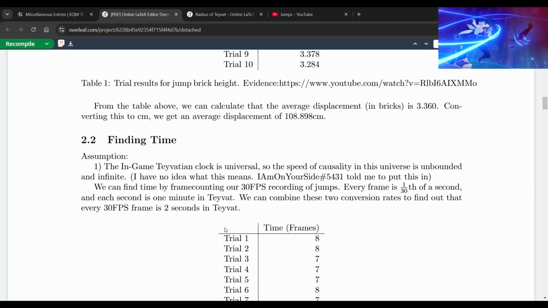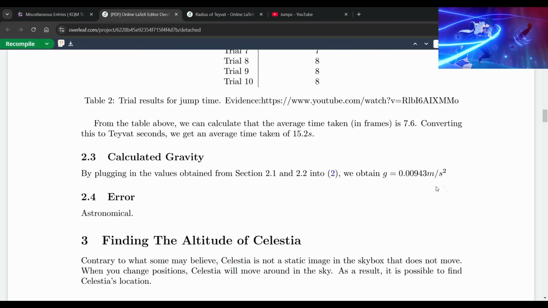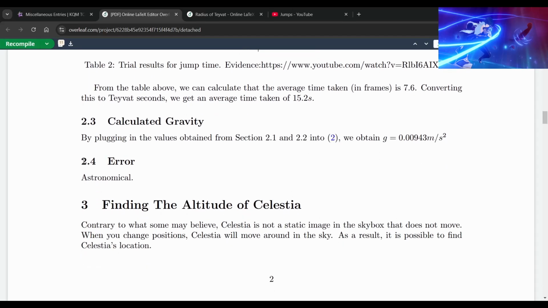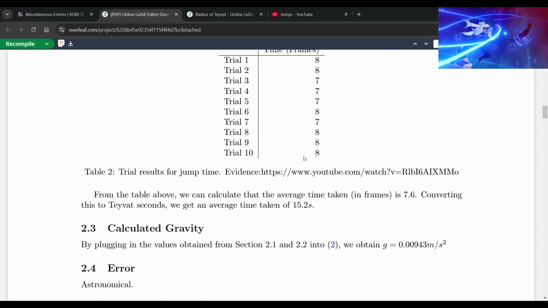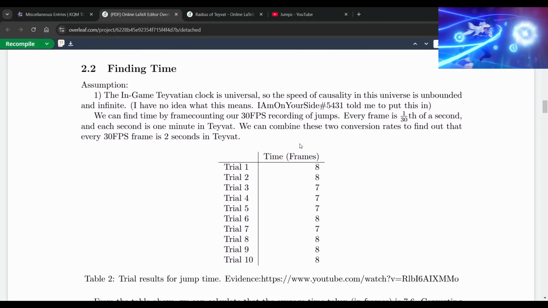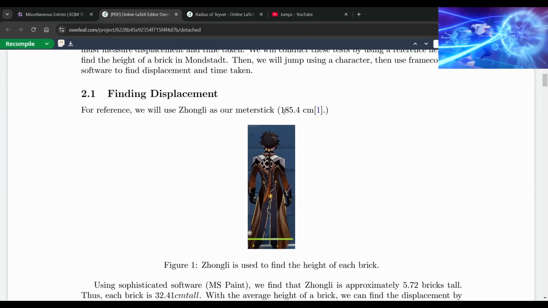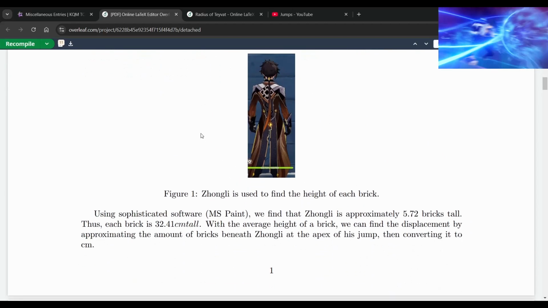I'm not too sure about how accurate that value is. This gravitational acceleration, and they talk about error and they just say astronomical. It would be nice to explain a bit more where the error comes from. From what I see, there's nothing particularly wrong with any of the methods that this person has done.